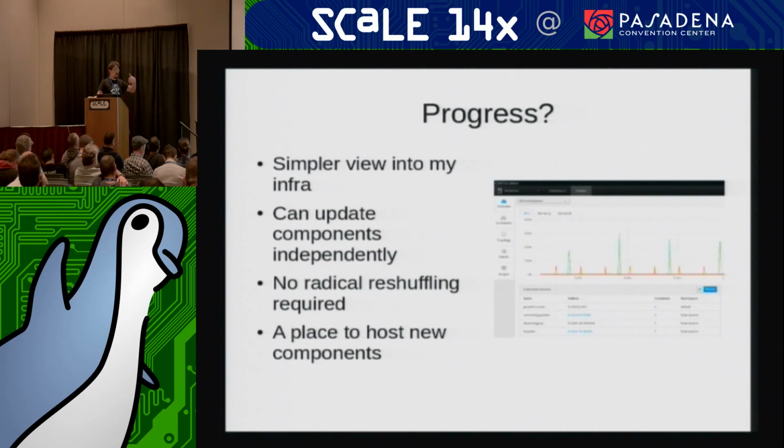I am installing everything with packages. The basic setup doesn't look a ton different from the inside, at least, or from a user perspective, than it did before. And that's going in the right direction.